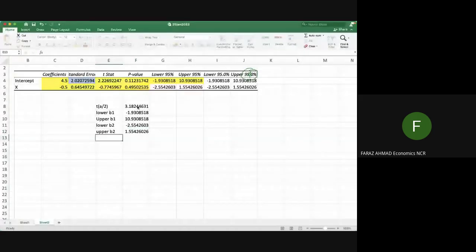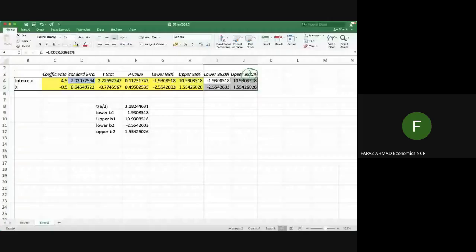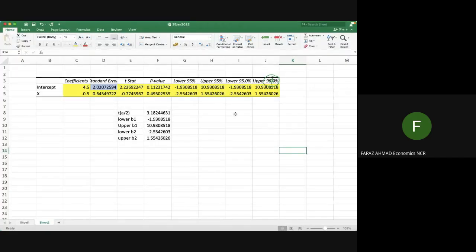So you would get minus 2.55 as the lower limit and plus 1.55 as the upper limit. I'm going to make it yellow. These four numbers are also the same, which are these. I don't know why Excel repeats these last four numbers, so I'll make them all yellow now. So that's how we calculate the lower and upper limits of the 95% confidence interval.